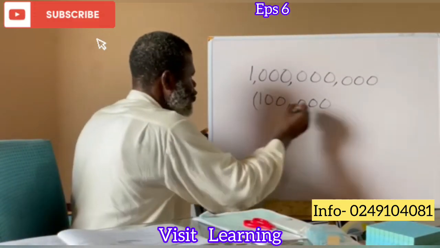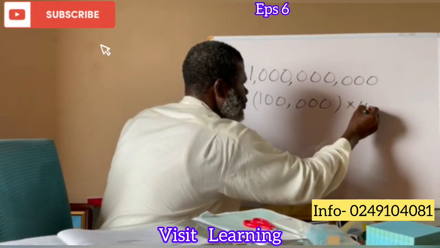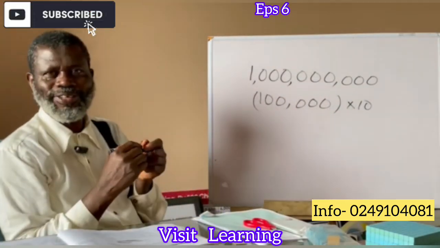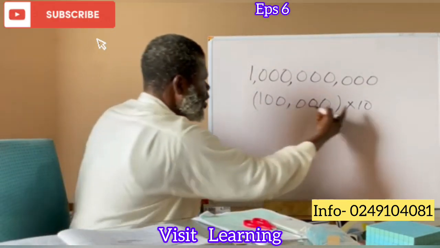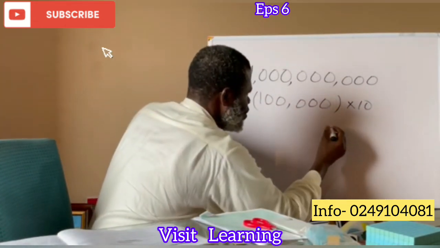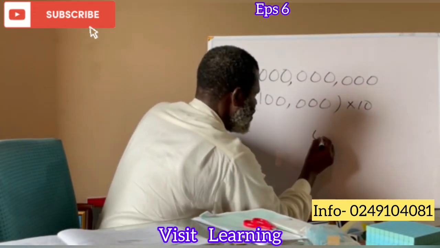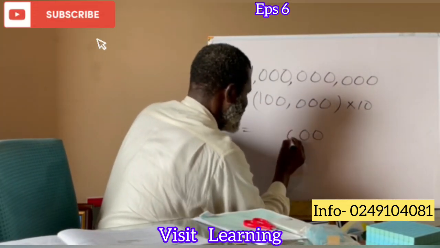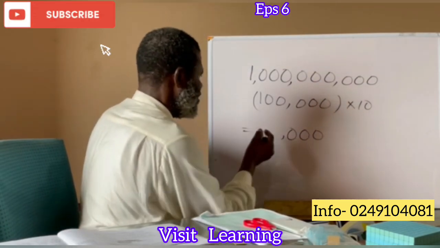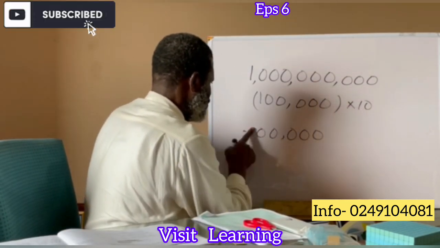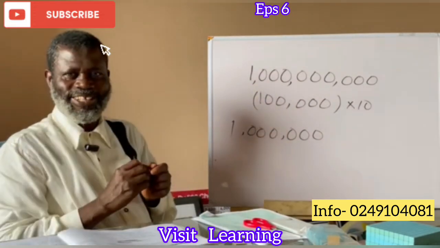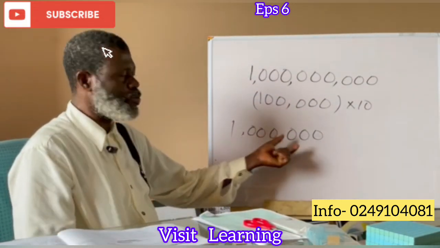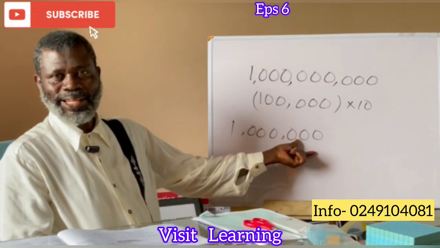Well, it means we have to multiply this by 10. Ladies and gentlemen, what will be the value? So multiplying this by 10 means we are going to have our numbers like this, another period, and then a 1. See if it is true. And this is going to be 1 million.